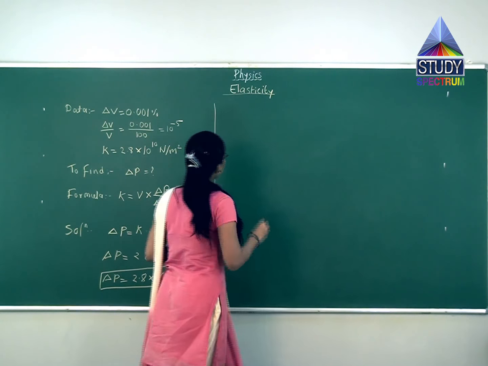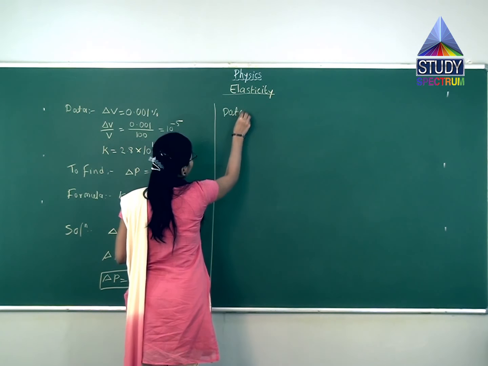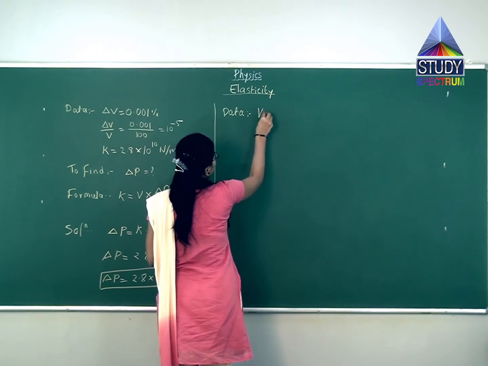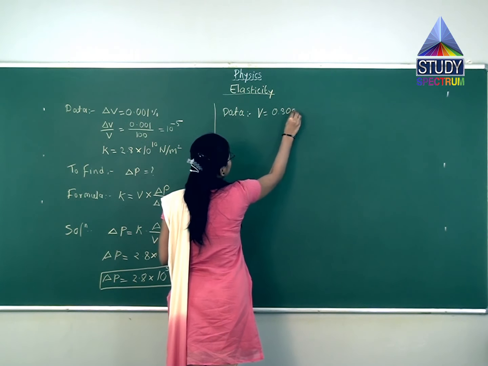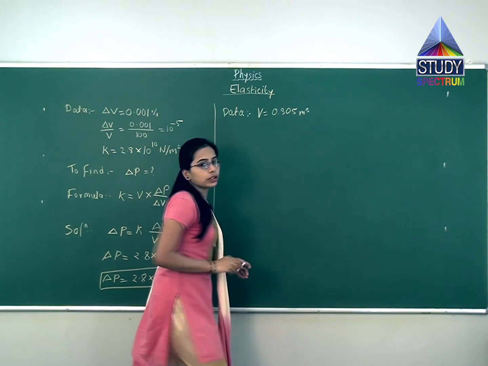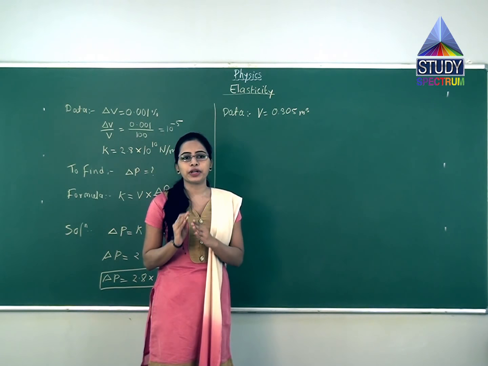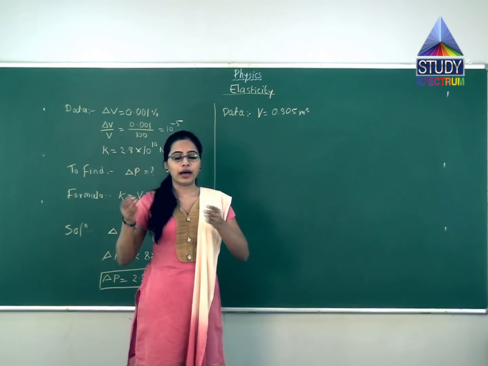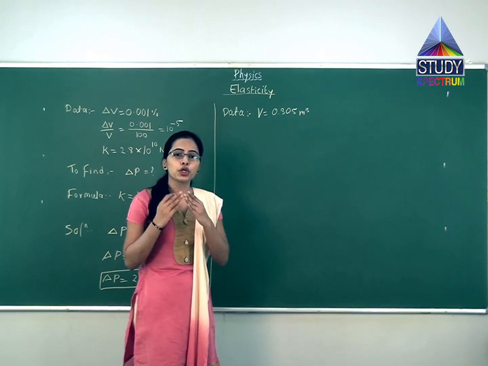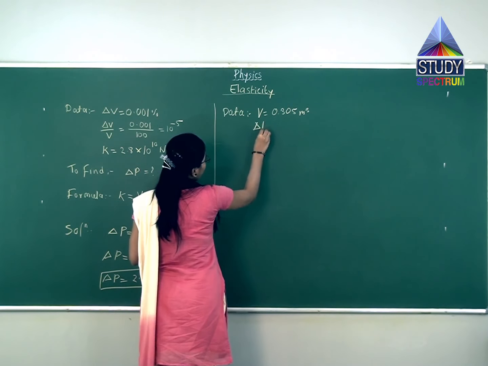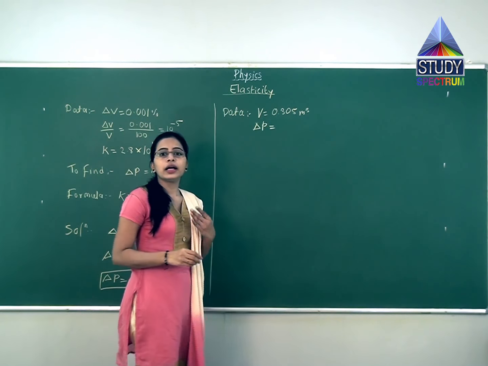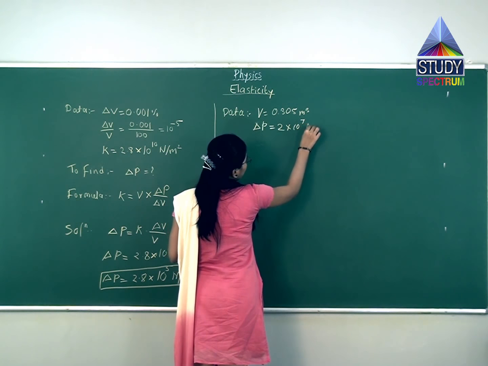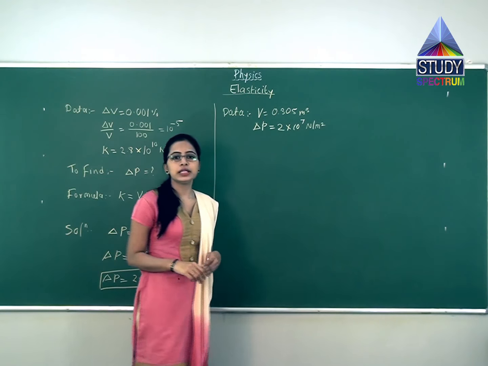So let us write down the data here. Now volume of the brass sphere is given, it is 0.305 meter cube. Then the change in pressure, that is where water pressure is given, that means it is a pressure that will be applied on that solid brass sphere. So delta P is given and it is 2 into 10 raised to 7 Newton per meter square.